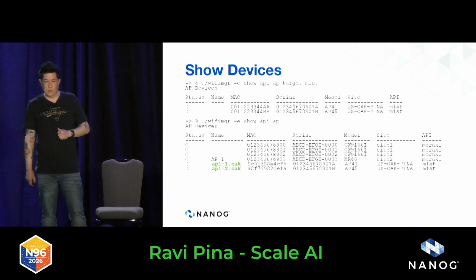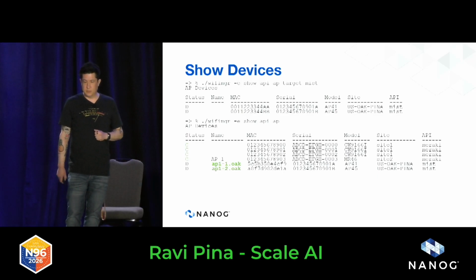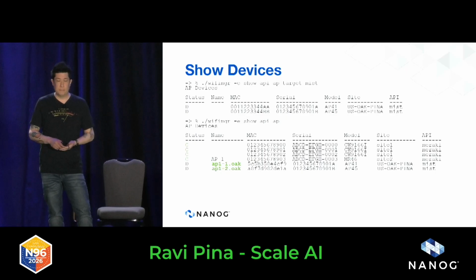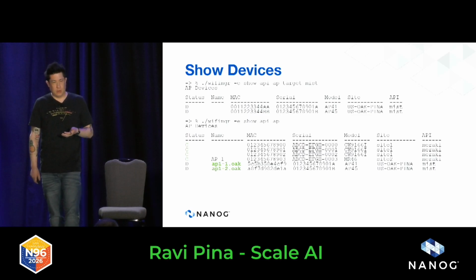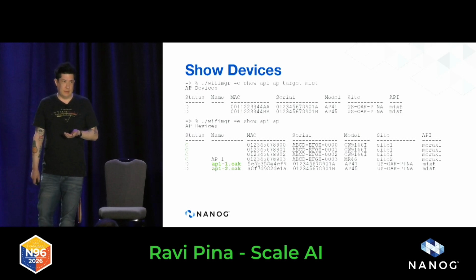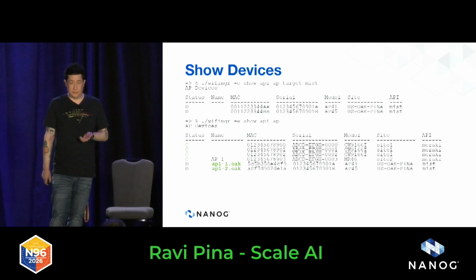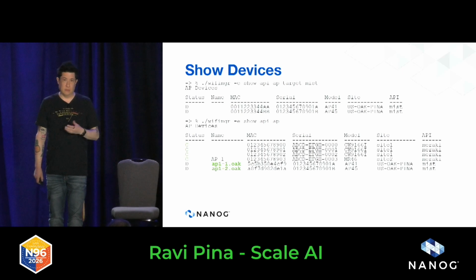And again, showing a list of devices. This is illustrating the multi-vendor case, how it presents it. It's showing you which API it's actually using. It's showing you that the APs managed by the tool are highlighted in green, and any AP that is not being managed by the tool will not have any highlight or colorization.